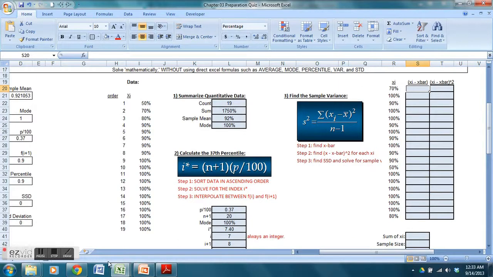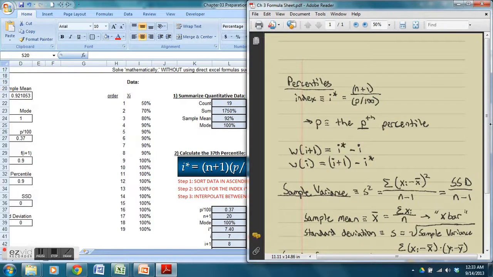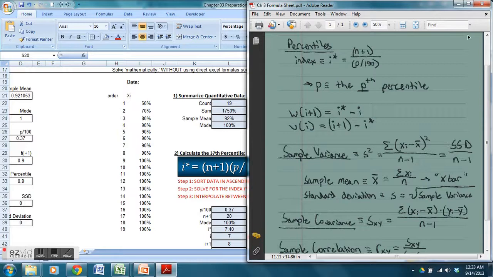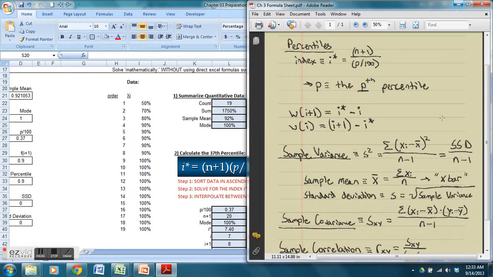You can look at the formula sheet right here if you somewhat forget, and you can realize, oh, x bar, if you forgot, that represents the sample mean. It's just a literal representation of this notation. So that's x bar for you. And because sample mean is just the sum of all the points divided by n.